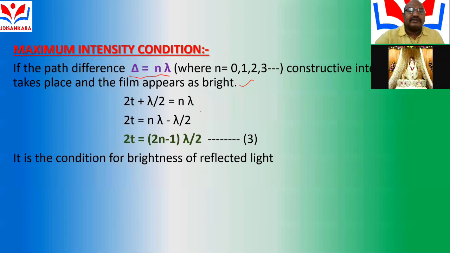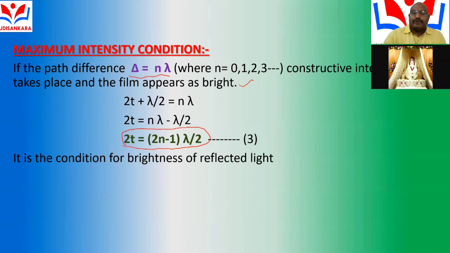It is the same procedure as the last class: 2t plus lambda by 2 is equal to n lambda, then 2t is equal to (2n minus 1) lambda by 2. This is the condition for brightness of reflected light rays.